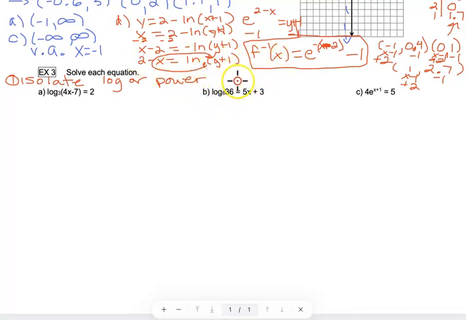Then we will solve by using inverses or making bases match or the swoop method.